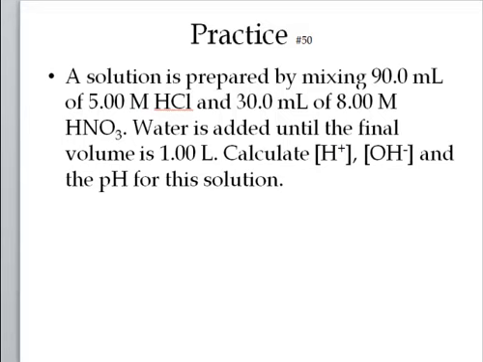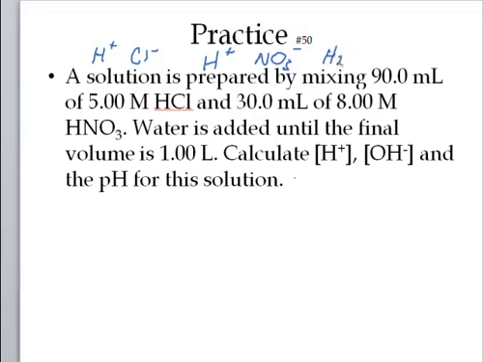So the first thing I'm going to do is write out my major species here. I've got some HCl. So what does that give me? That gives me some H plus, some Cl minus. I've got some HNO3, that gives me some H plus and some NO3 minus. Now, water is also an issue.